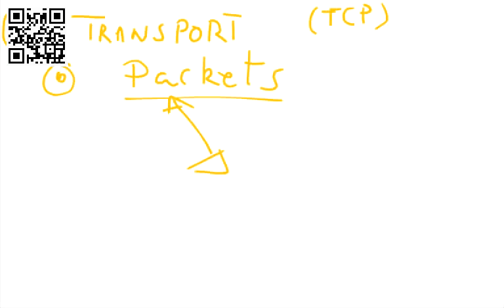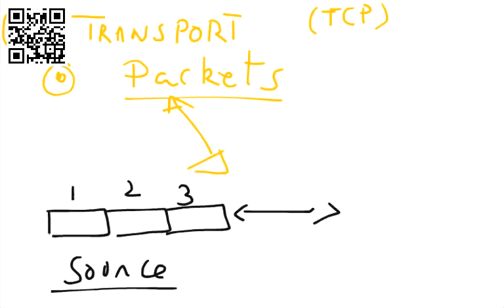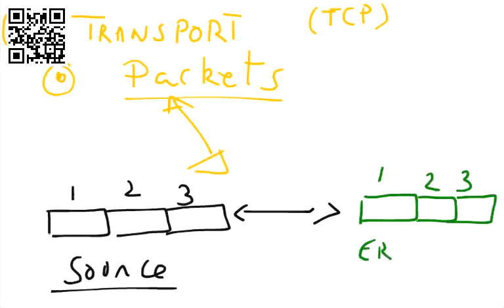So if the transport layer converts the data into packets and sequences them as number 1, number 2, number 3 at the source computer, then it is the responsibility of the transport layer on the receiving or the remote computer to sequence those packets in the same order and to check for errors.